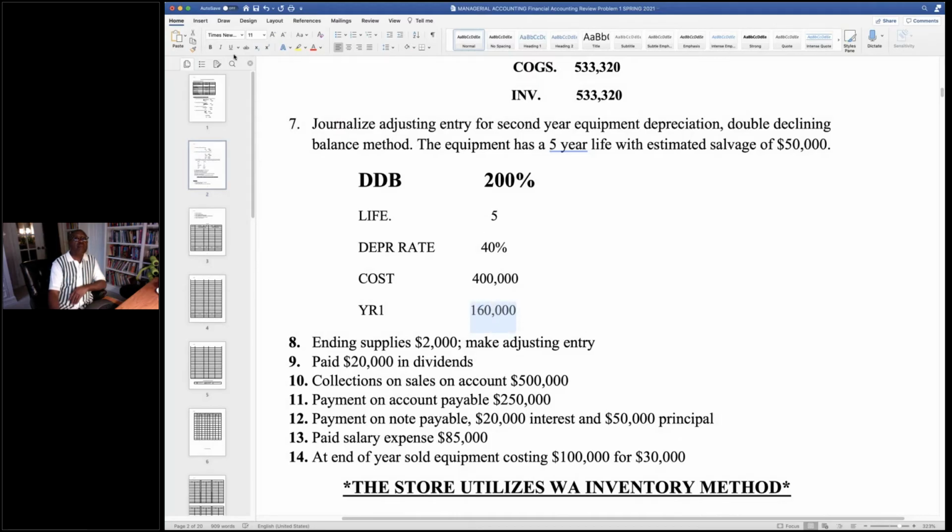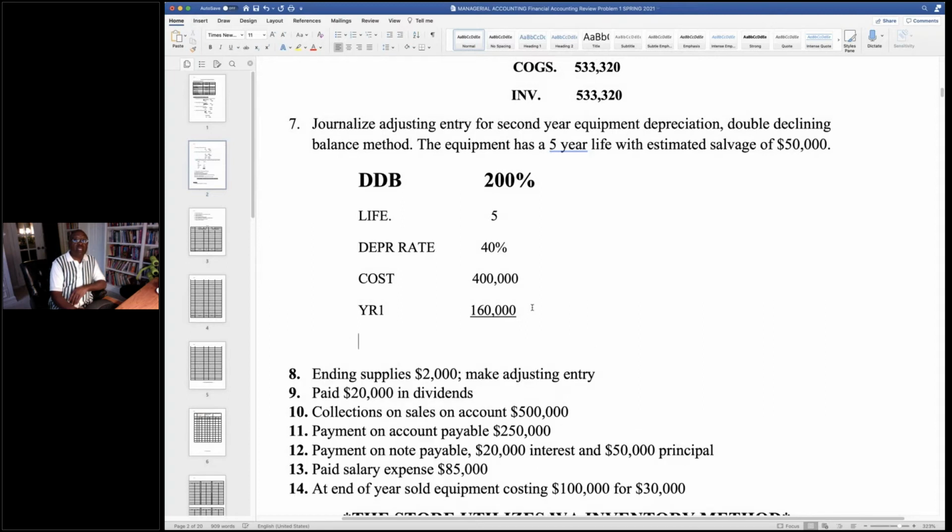So for year 2, will we do 40% of 160,000? That's kind of what we're going to do. We're going to get a net book value now. I'm just going to put NBV, net book value. The net book value is cost minus the depreciation in the first year.